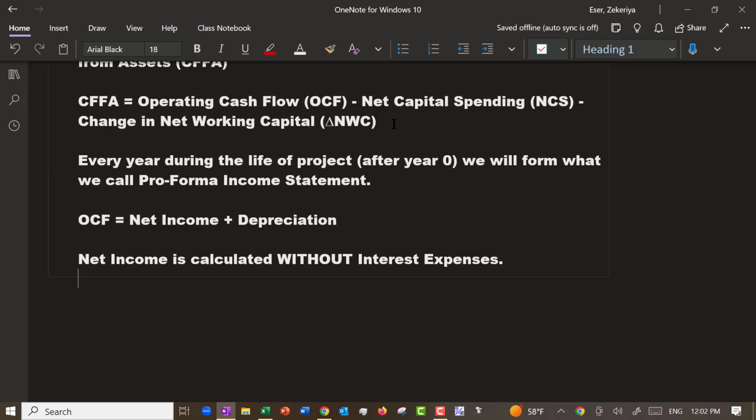Net income is basically earnings before taxes times 1 minus tax rate.